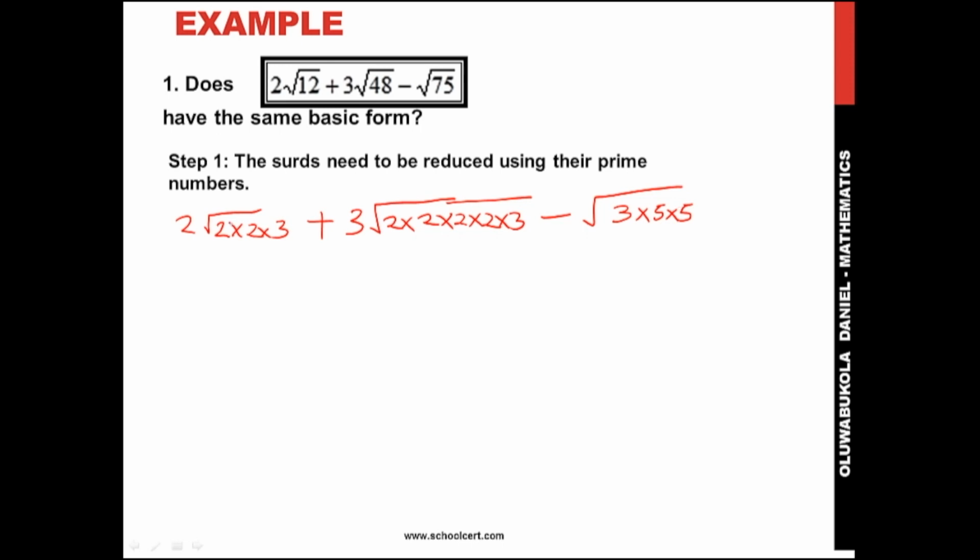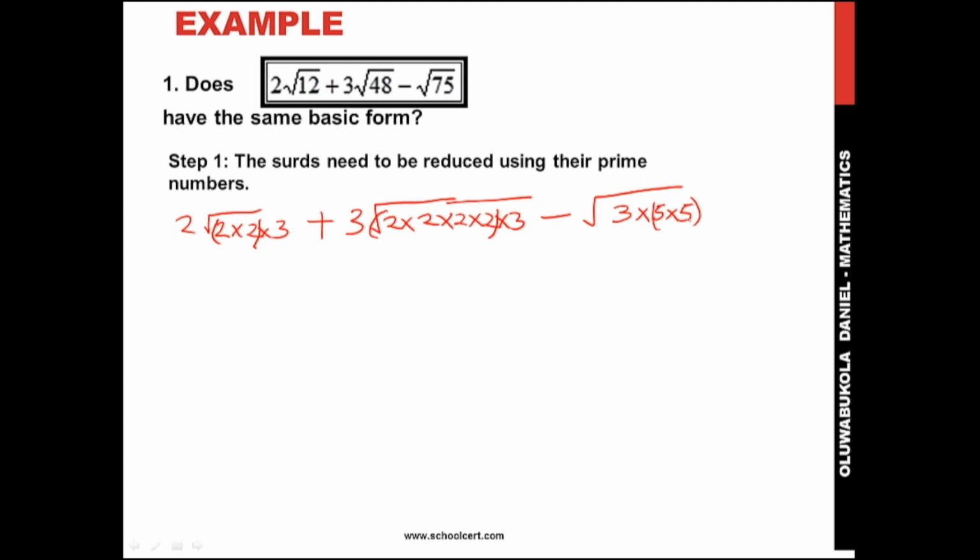From this, you will see that the pairs can be resolved further. The ones I have put in brackets can be simplified further and brought outside the square root.